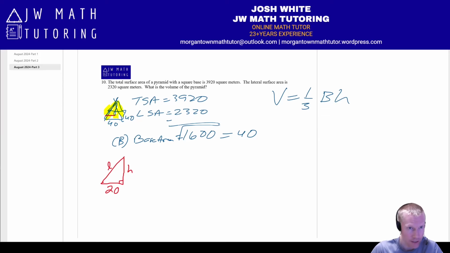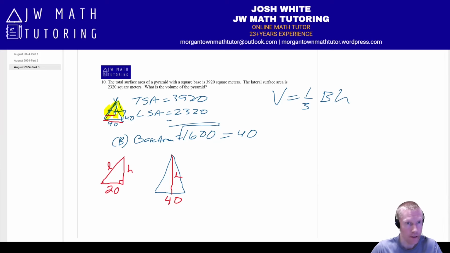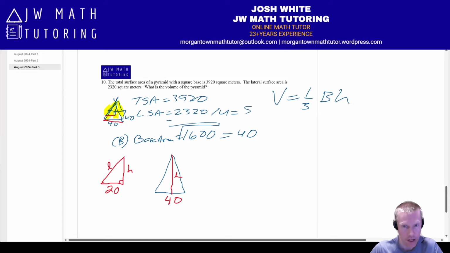The way we get that is we look at one of the triangular faces, and we know that the base will be 40, all the way across down here, and then this height, which is the slant height, is L. We figure that out using the fact that the total lateral surface area is 2320, and we divide that by 4 because there are 4 triangular faces to get 580 square meters as the area of one triangular face.